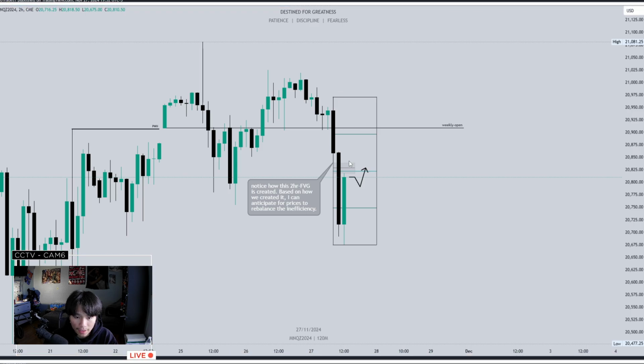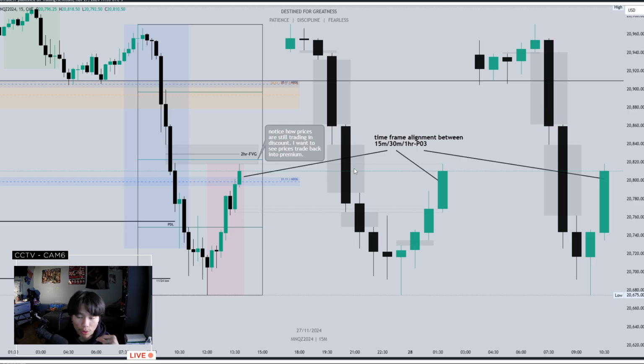It's suggesting to me that we're most likely going to retrace back into the premium, so that's my higher time frame objective. How I'm going to align myself with that objective is based off of the 15-minute candle, 30-minute candle, hourly candle, and actually the 2-hour candle as well.